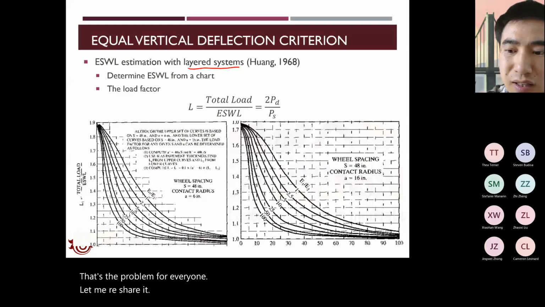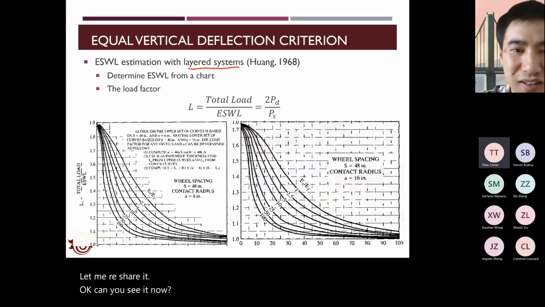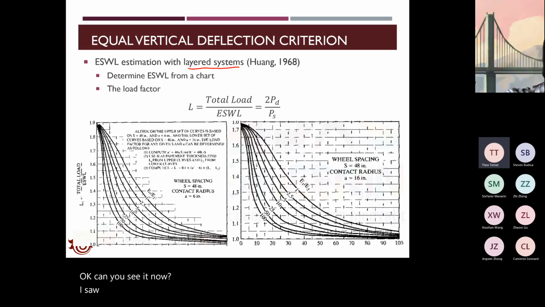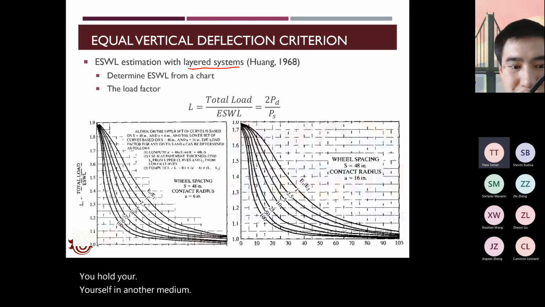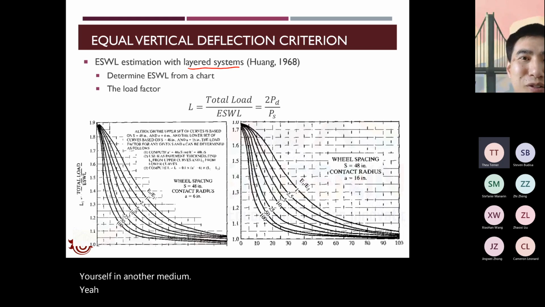Okay, can you see it now? No. Oh, maybe I join again. Yeah, I saw your name in another meeting. Maybe you hold yourself in another meeting. I closed the other one, but I can try to rejoin. Yeah. Probably it's better for you to join again. Okay. Yeah.